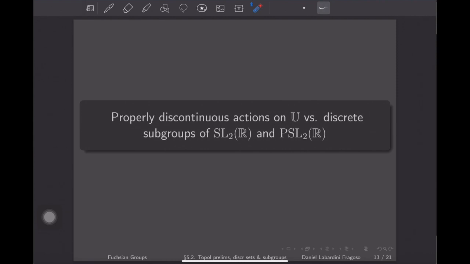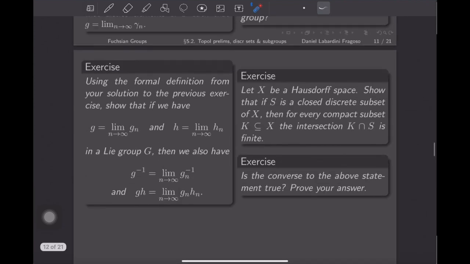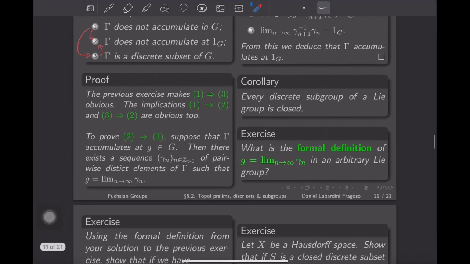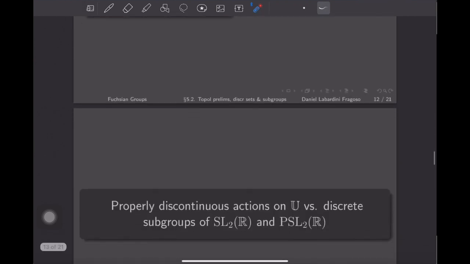And we have an equivalence: for a subgroup of SL2R or PSL2R, it is equivalent for it to be discrete and to not accumulate in the whole space, and also to not accumulate in the identity. So to check that something doesn't accumulate in the whole G, I can just check that it doesn't accumulate at the identity, and this is very, very useful in practical terms.